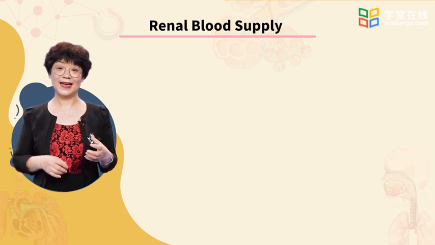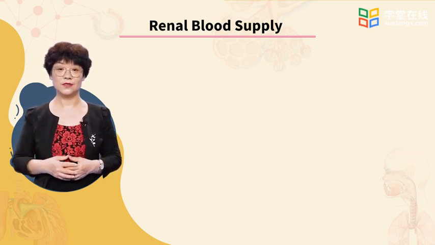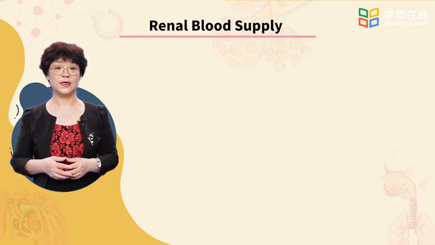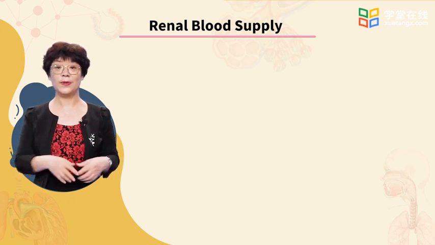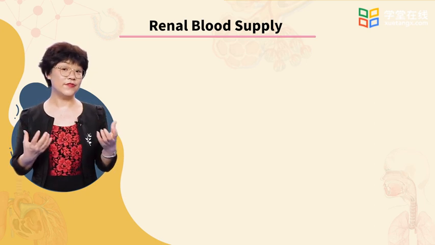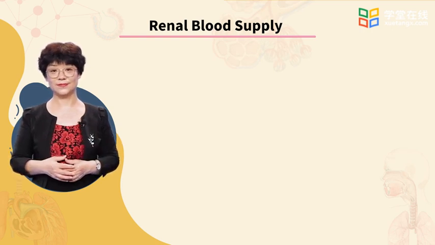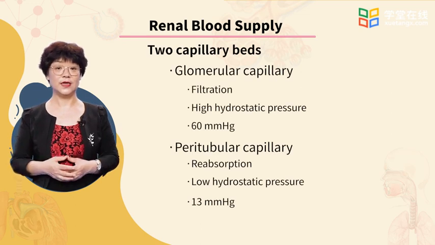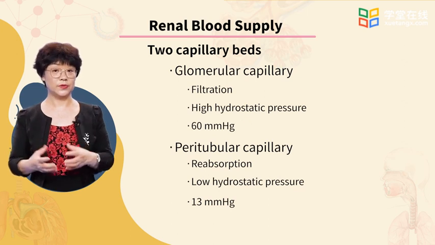The blood supply to the kidney is provided via the renal artery. The glomerular capillaries are supplied through an afferent arteriole but drain through an efferent arteriole rather than a venule. The kidney has two discrete capillary networks for filtration and reabsorption.